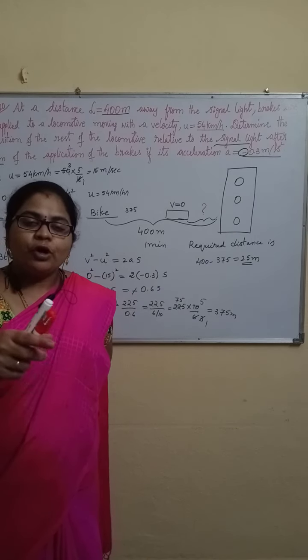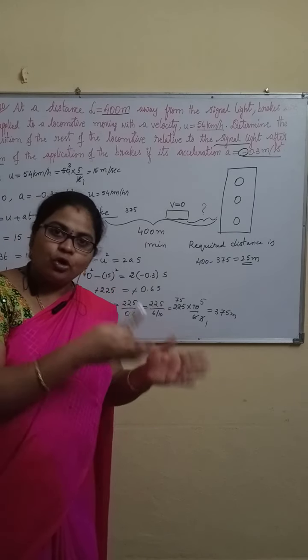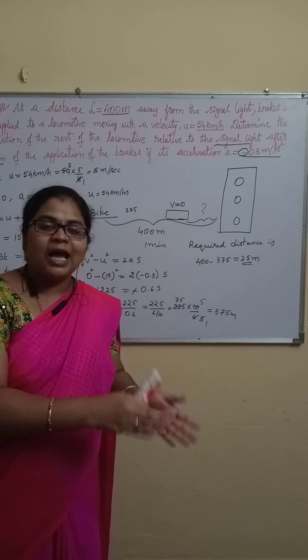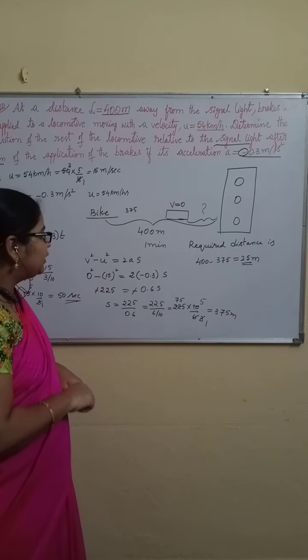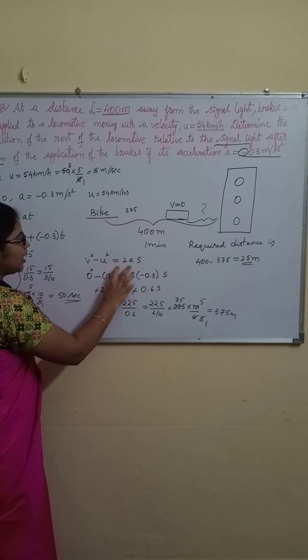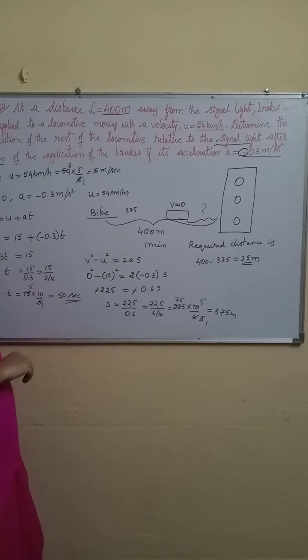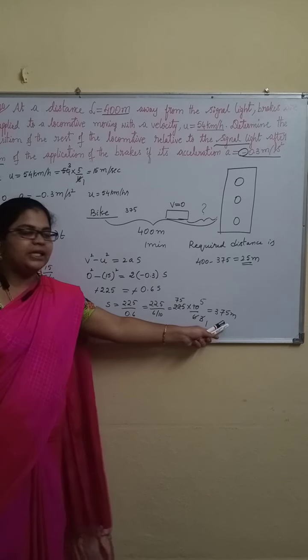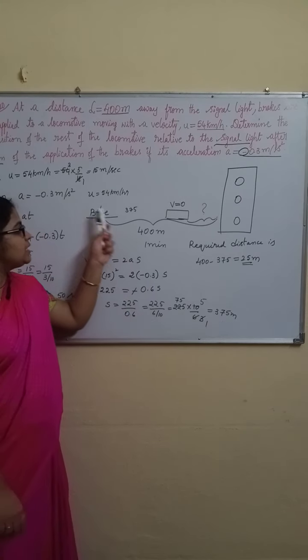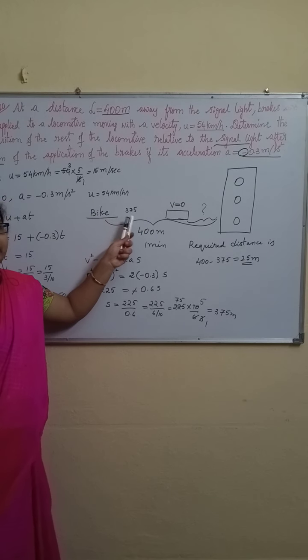So what is the distance between the locomotive's original position and its rest position? For that, I am using the formula v square minus u square is equal to 2as. Here final velocity is 0. When you calculate, the s value is 375 meters. So the distance between these two is 375 meters.